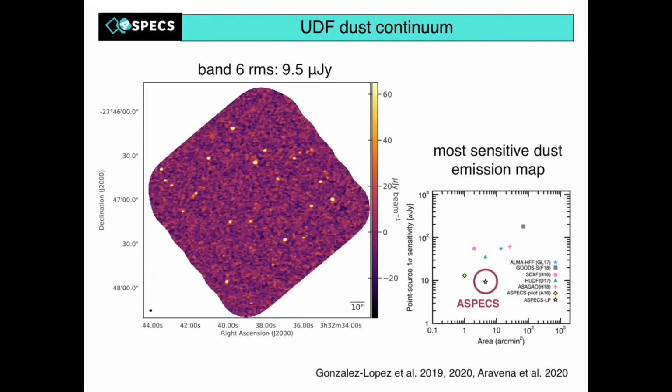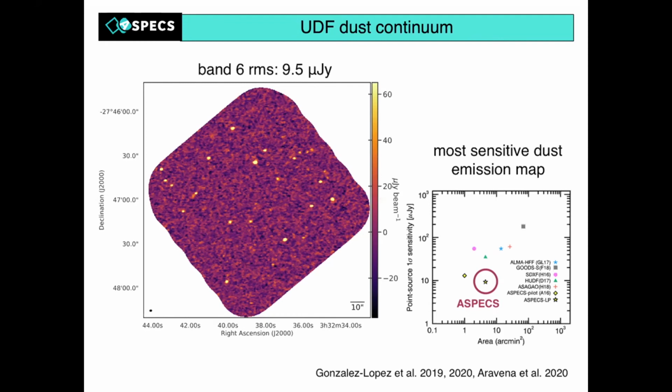So indeed, when you collapse the 1 millimeter data cube after removing all the spectral lines, you can get a very sensitive continuum map of the UDF. This is shown here at the left-hand side. This is the 1 millimeter map, and you see that we reach an RMS of 9.5 microjanskys in band 6. This is by far the most sensitive dust map ever obtained for a deep field with ALMA.